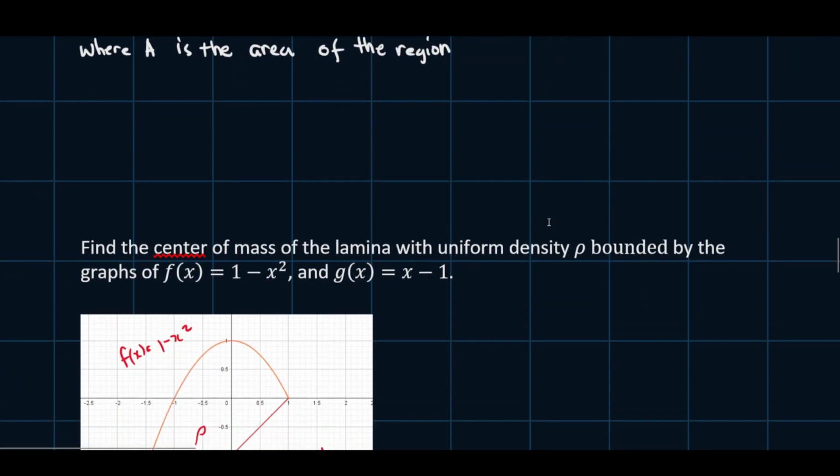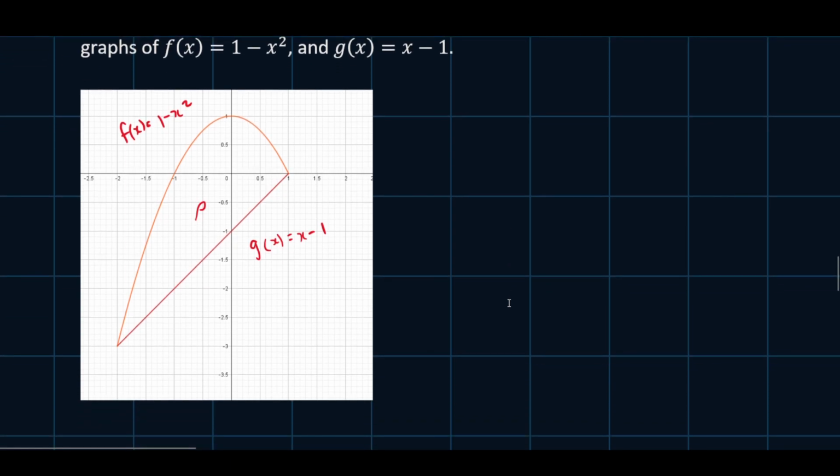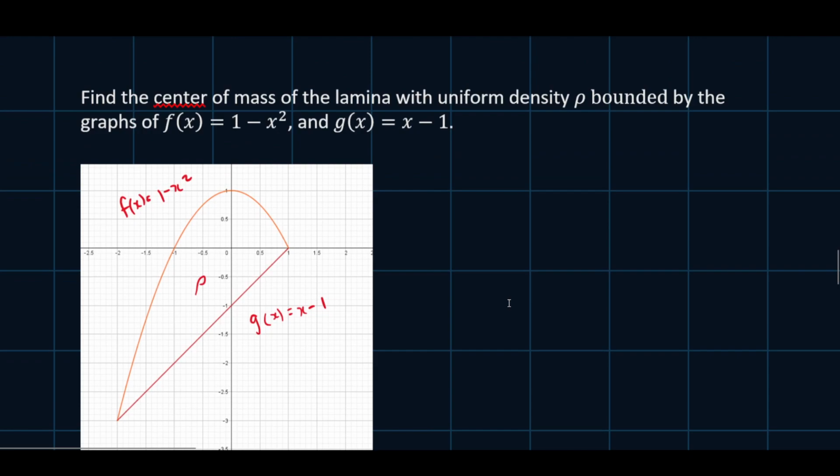So for example, we want to find the center of mass of the lamina with uniform density rho, bounded by the graphs of f of x equals 1 minus x squared and g of x equals x minus 1. So, hanapin muna ulit natin yung area.